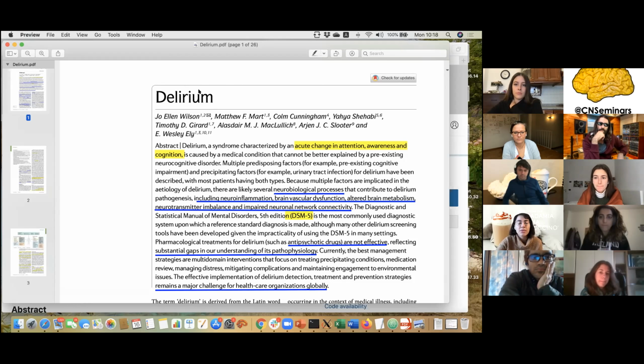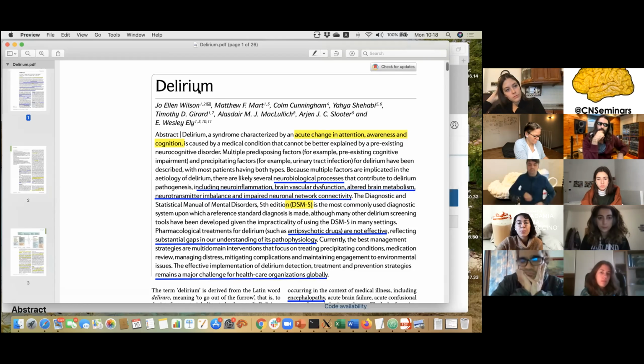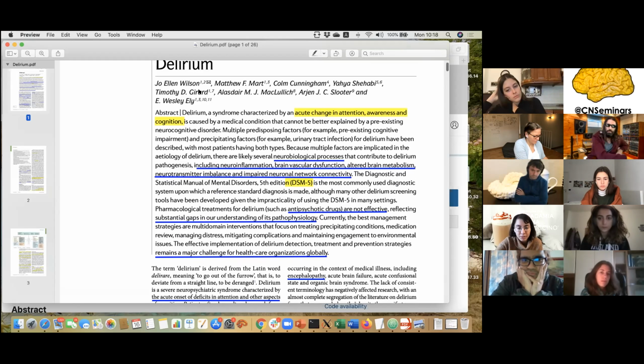I also didn't know that it was such a common condition in elderly patients, in healthy controls, and in patients after surgery.